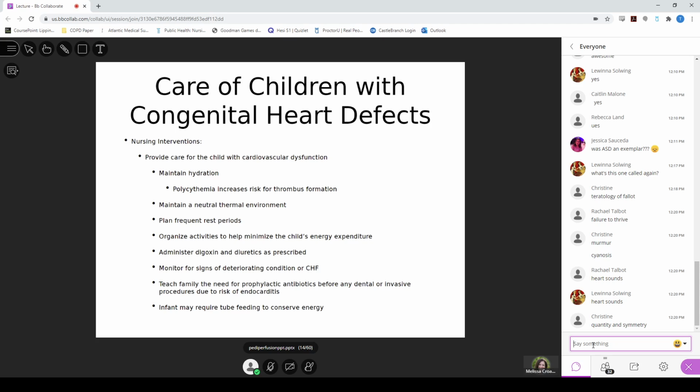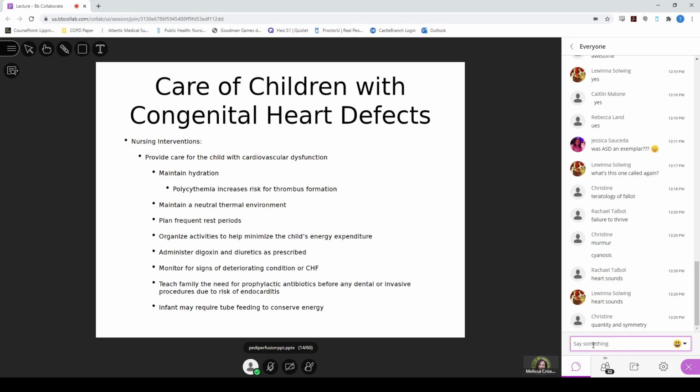They're just not able to get enough oxygen because the blood's not going through the right chambers to be oxygenated. So the body starts becoming polycythemic, and when you do that, it increases the risk of thrombus formation. So you really have to make sure that you maintain their hydration to keep their blood, quote unquote, diluted out, less viscous.